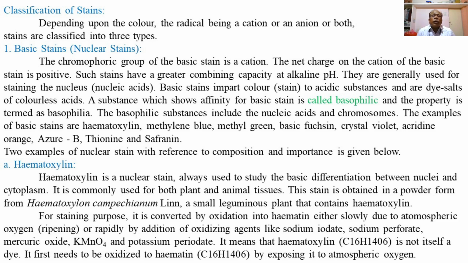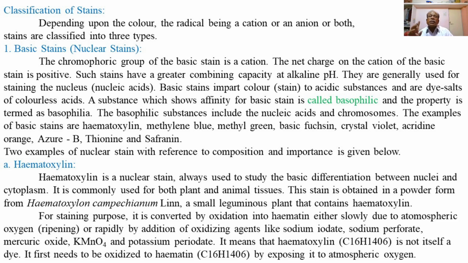Such stains have a greater combining capacity at alkaline pH. They are generally used for staining the nucleus or nucleic acids. Basic stains impart color to the acidic substances and are dye salts of colorless acids.